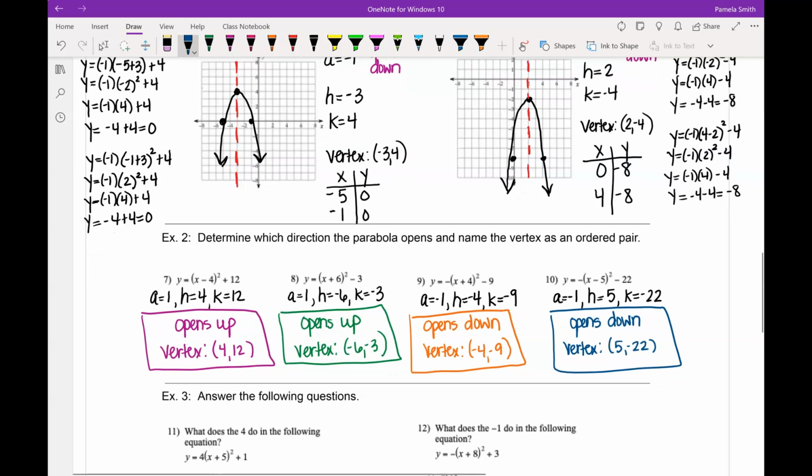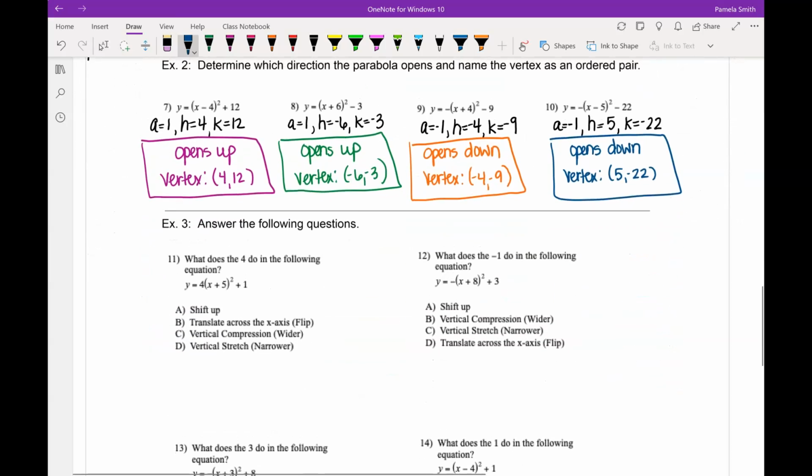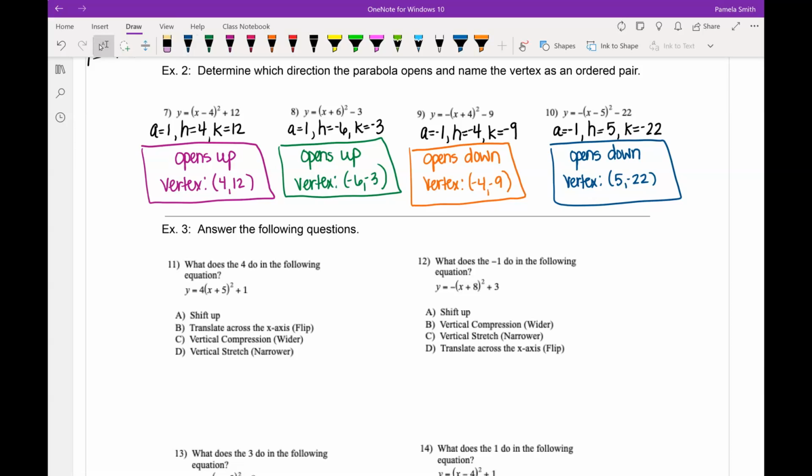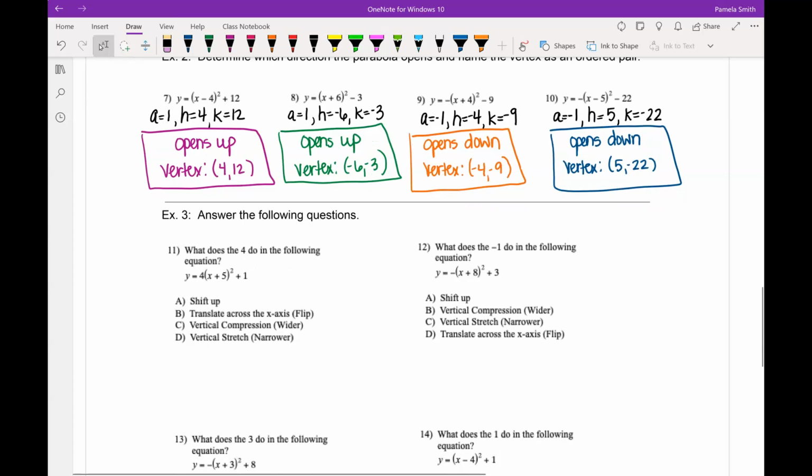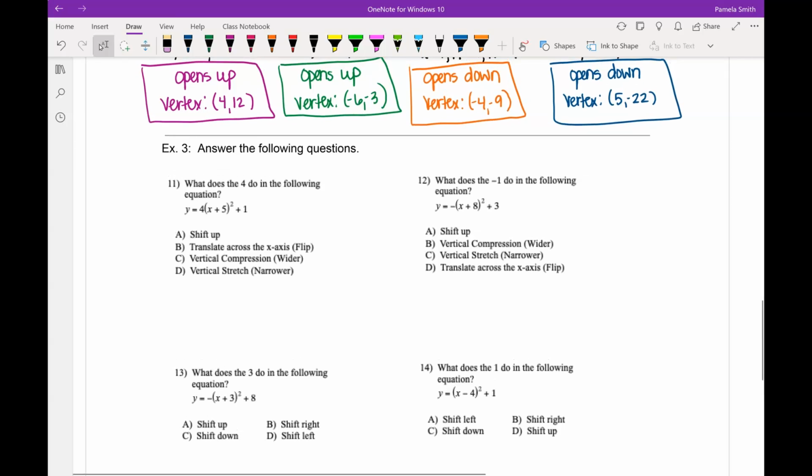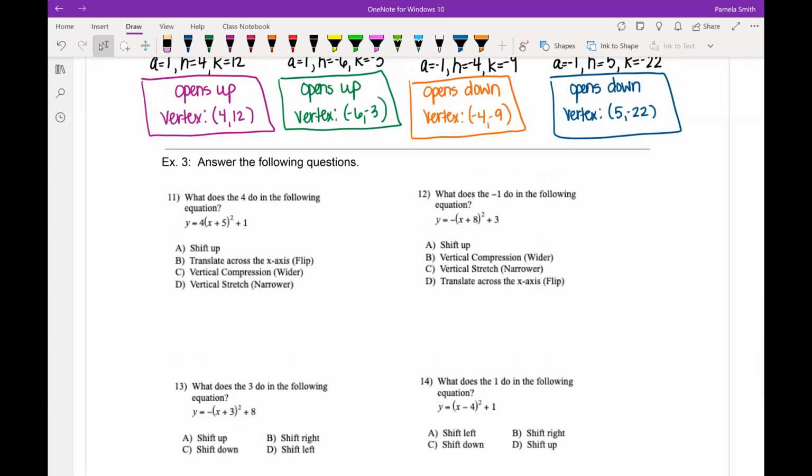And then there will be a set of questions like we had yesterday, just asking how different numbers affect the graph. This is where you have to understand your A, your H, and your K, how they impact the graph. So number 11, what does 4 do in the following equation? Well, the 4 is out front here, so this is telling me that A equals 4.